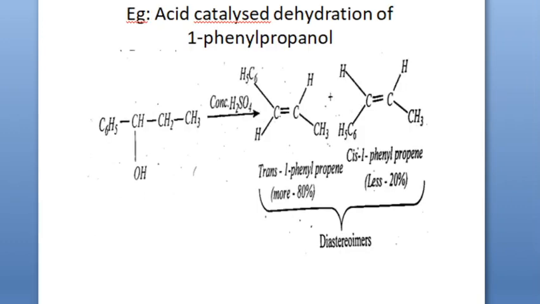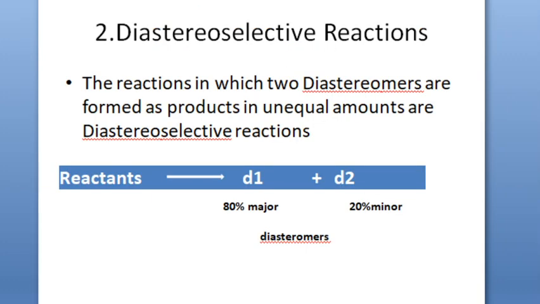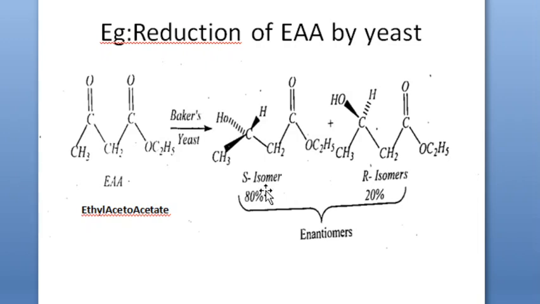Similarly here, the trans isomer is major, so the stereoisomer is majorly produced as product, therefore this is a product stereoselective reaction. And similarly in the enantioselective reaction, the S enantiomer is major and the R enantiomer is minor. Again, this is an example of product stereoselective reaction.